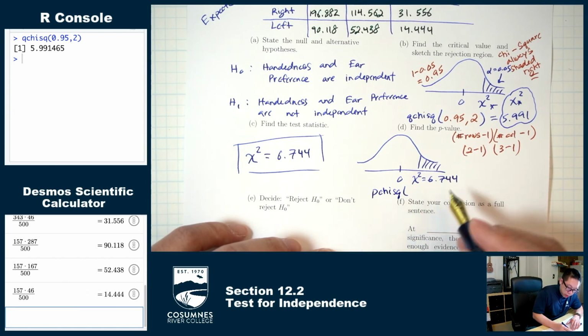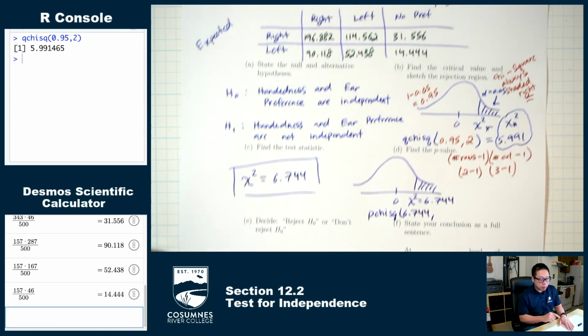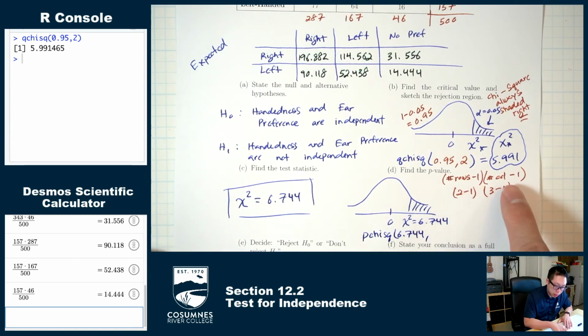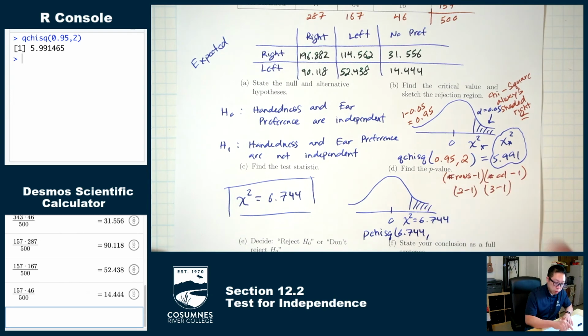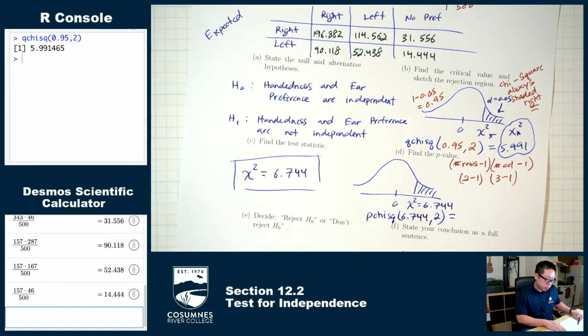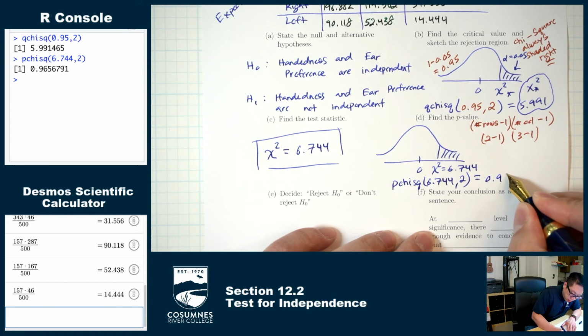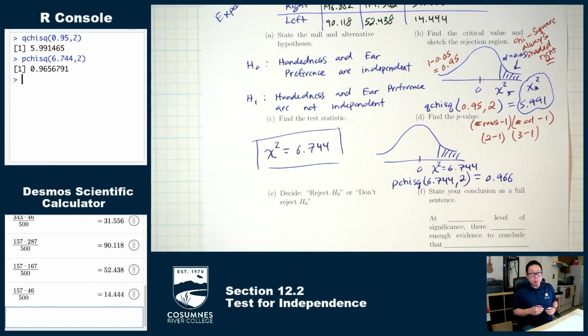Okay, p chi-square was 6.744. Comma df, so same df that we used in part B is the number of rows minus 1 times the number of columns minus 1, which we found was 2. We're going to do p chi-square 6.744 comma 2. 0.966. And we know that can't be right because we expect pretty small numbers for p-values.